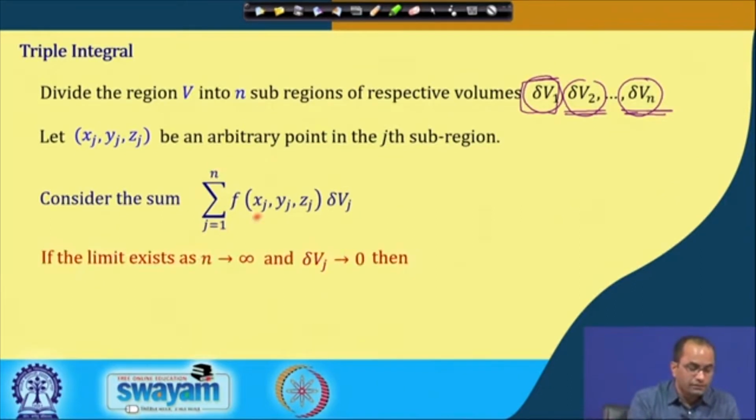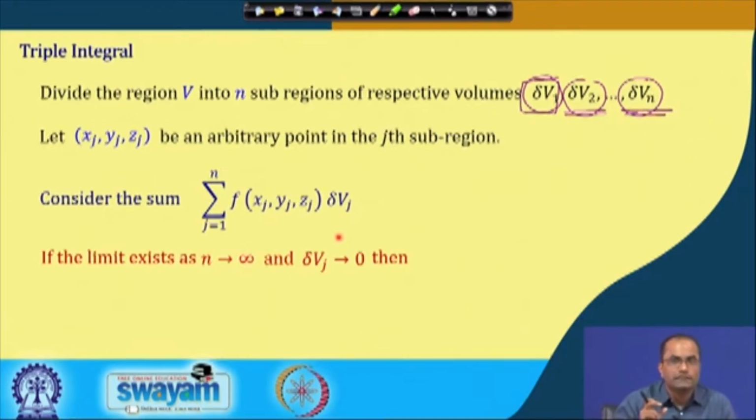And now, if we take the limit as n goes to infinity, or the other way around, delta V j will go to 0, because the domain is fixed. If we let n go to infinity, then the number of subregions will go to infinity. That means the volume of each subregion will go to 0.